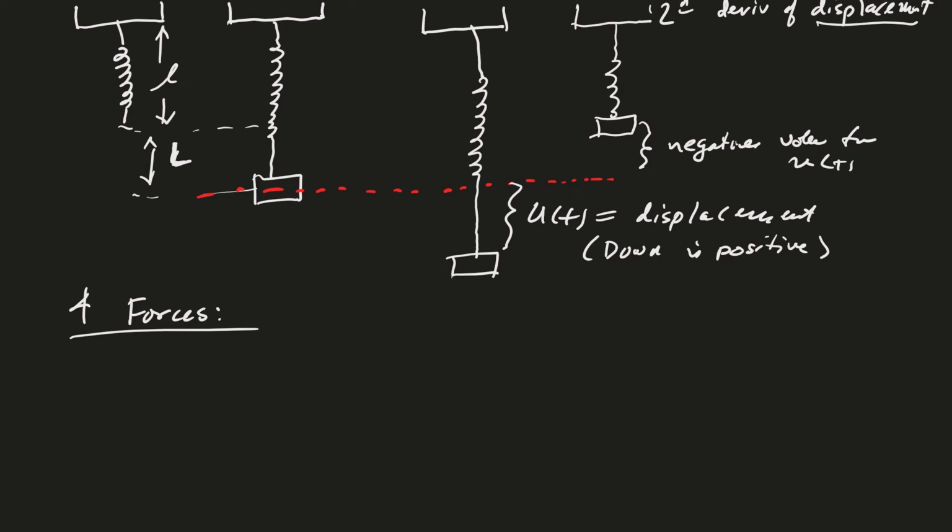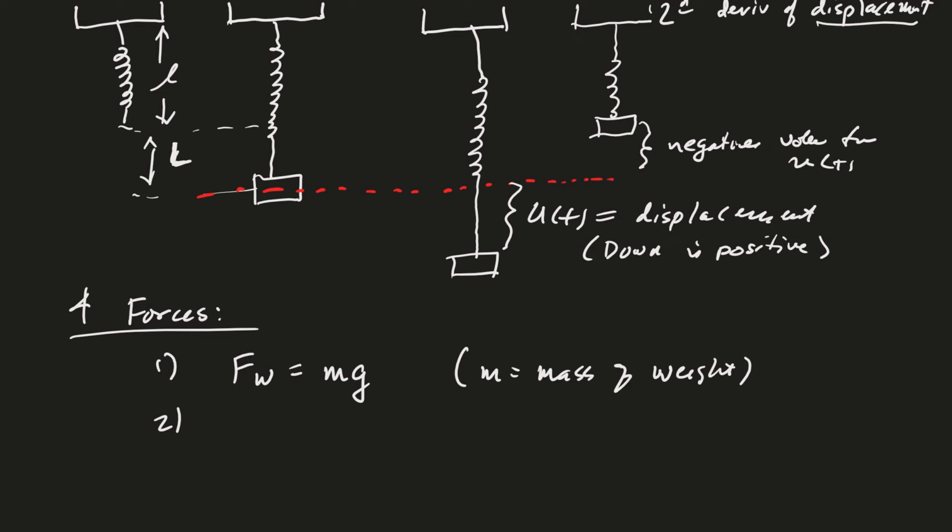So our four forces: one, the weight of the mass is going to be F sub W, the weight of the mass. M is the mass of the weight, and again, down is going to be positive, so that's why that's going to be a positive number.